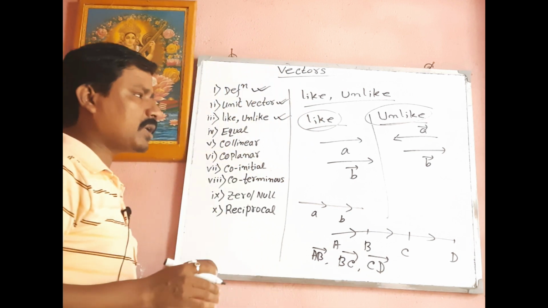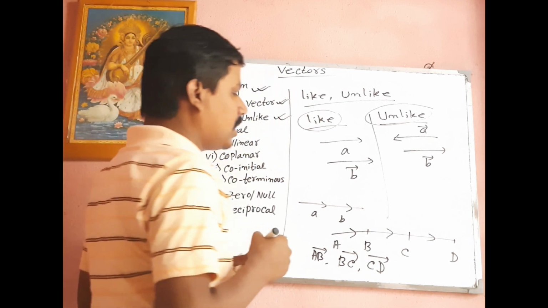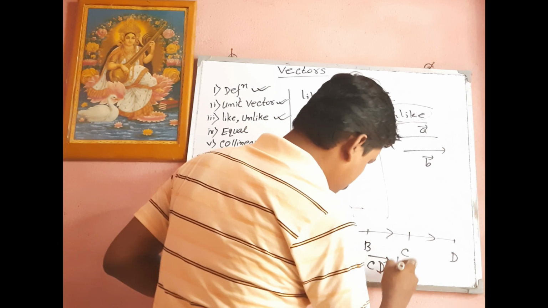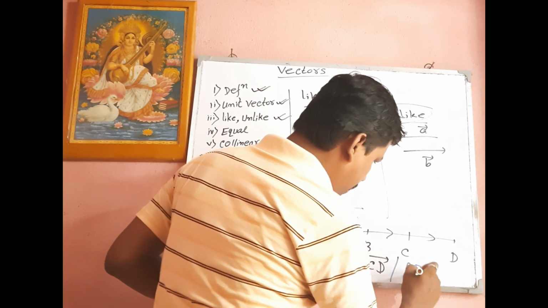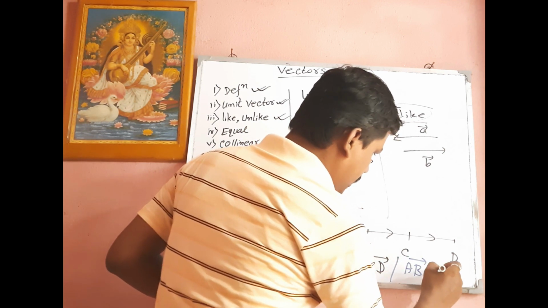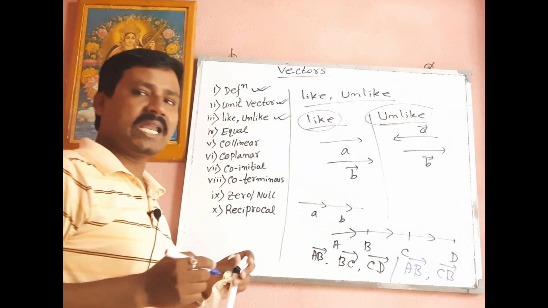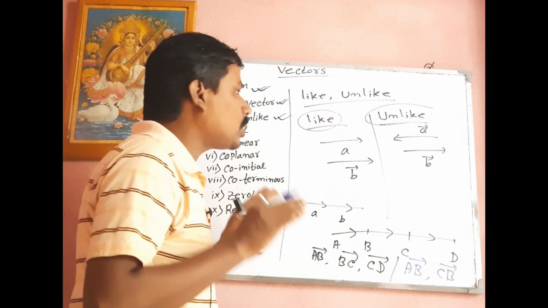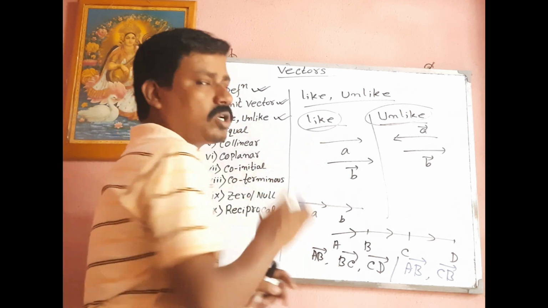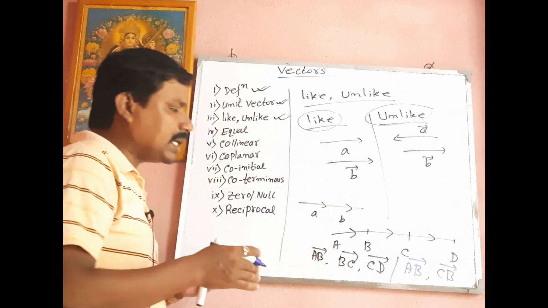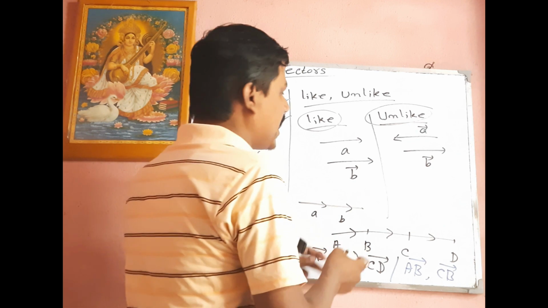So this is a like vector, and unlike vector will be AB, CB, that types. So direction is not same. So in this part we are discussing the like vector and unlike vector together, and their example with the diagrams.